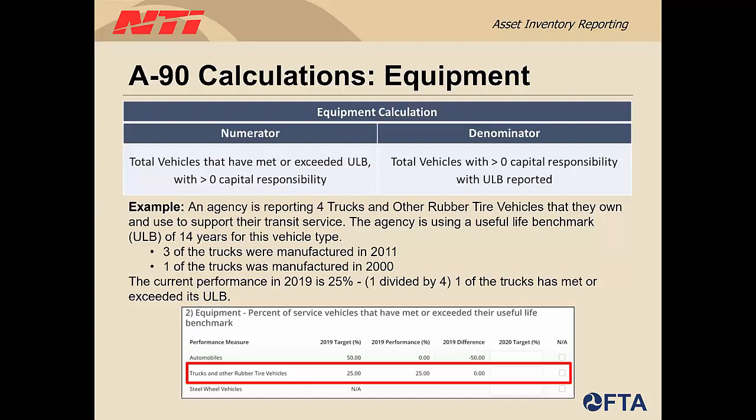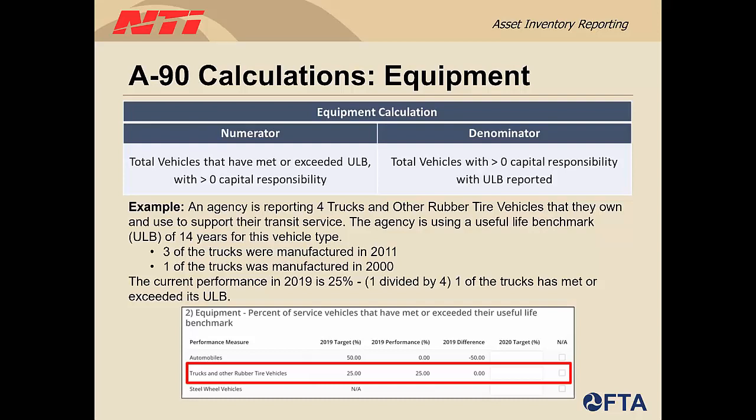For the example on this slide, we have an agency who is reporting 4 vehicles under the trucks and other rubber tire vehicle types. They use these vehicles to support their transit operations. They are reporting a useful life benchmark for trucks and other rubber tire vehicle of 14 years. 3 of the trucks were manufactured in 2011, and 1 of the trucks was manufactured in 2000.